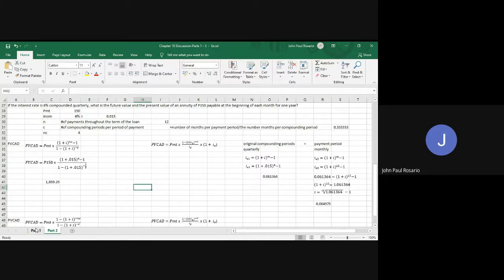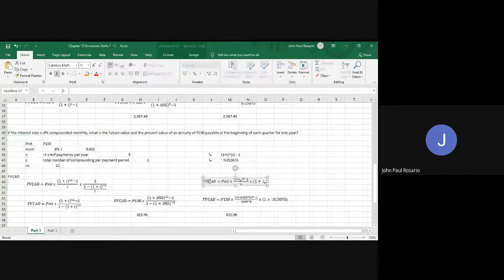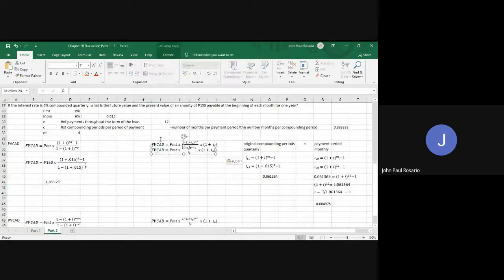While if you would use my formula or my way of solving, our payment here should be 150. Our IE is 0.004975.